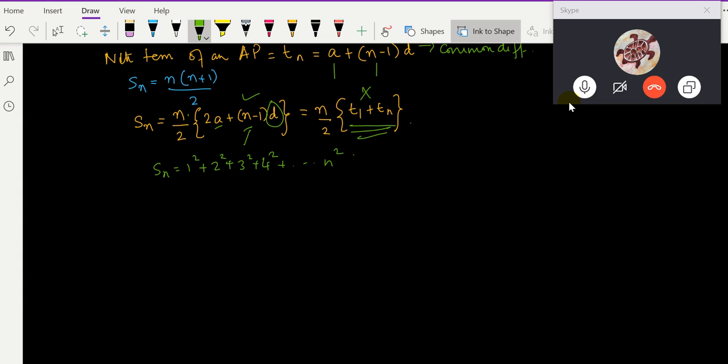Here the first term is 1, second is 4, third is 9, fourth is 16. If I take the difference of these, it is 3, 5, 7, and so on. So this one is an arithmetic progression, not this one. So I cannot use this formula here.